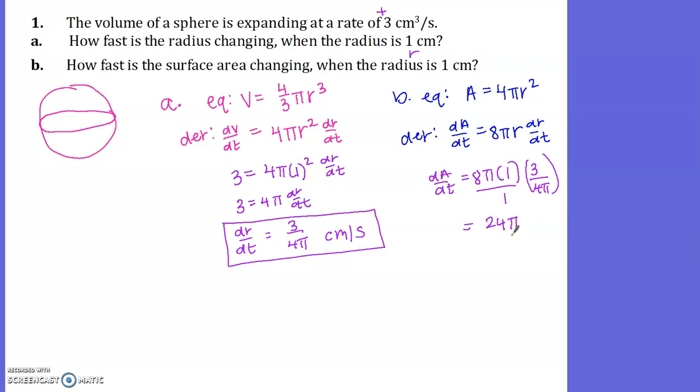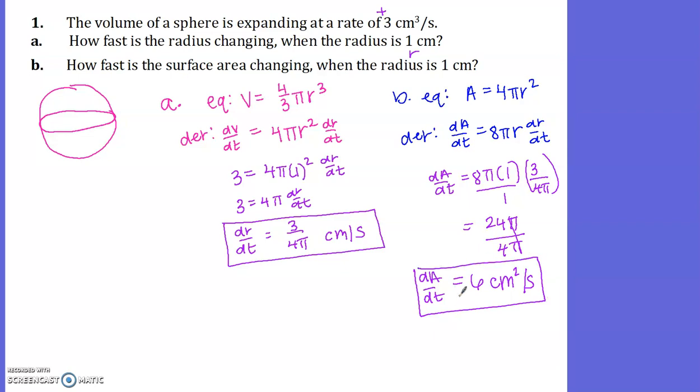That'll give me 24 pi. My denominator will be 4 pi, so the pi's are going to cancel out. 24 divided by 4 is going to give me 6. So the rate of change for the area is going to be 6, and now it's going to be centimeters squared, because we're dealing with area, per minute.